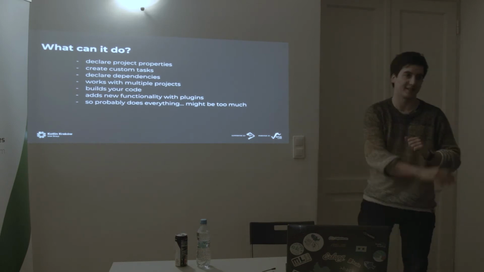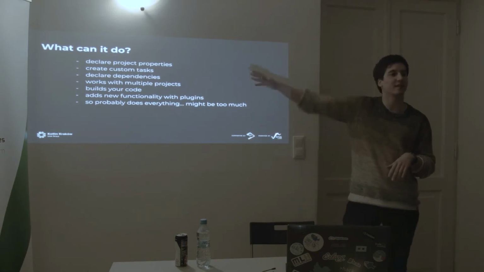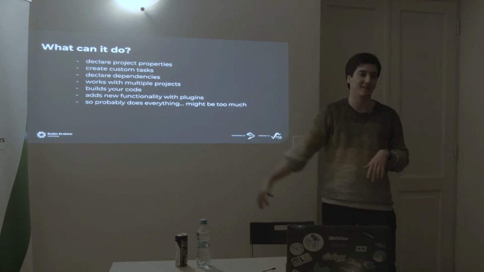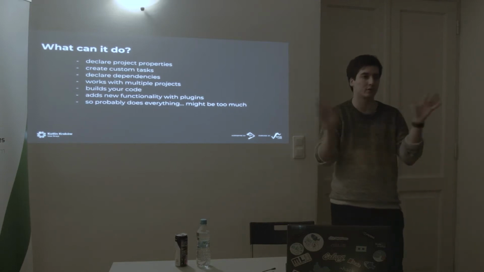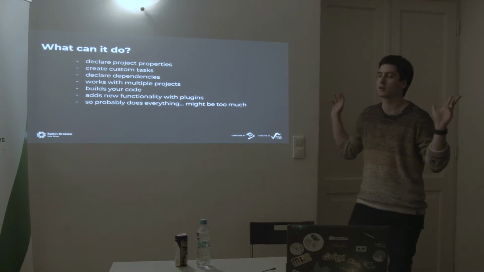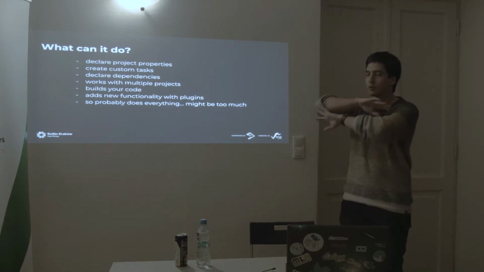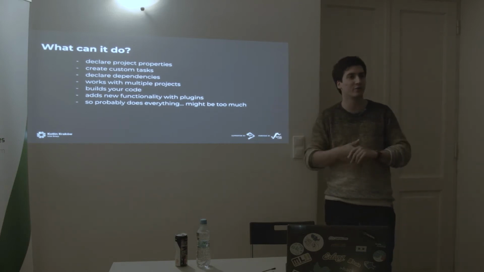There's a lot of things it can do. I just listed whatever I thought, because basically whatever you think of, you probably can list it there. You can declare some properties to be used, like versions and names, create some tasks, declare dependencies, work with multiple modules. I think we have 400 modules in our project.